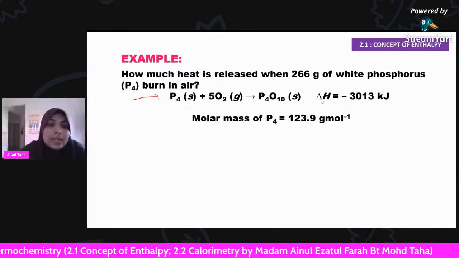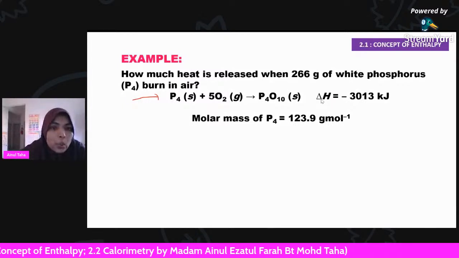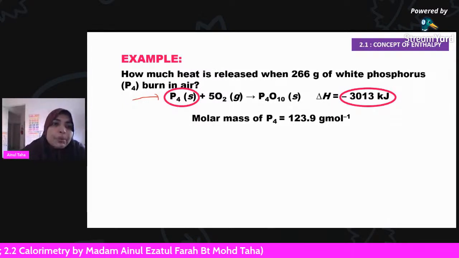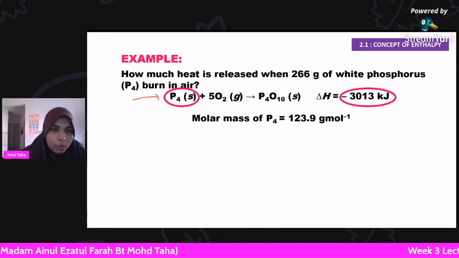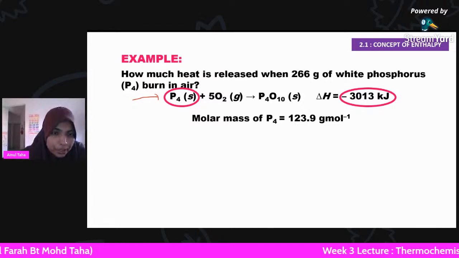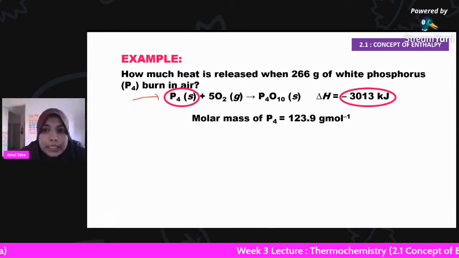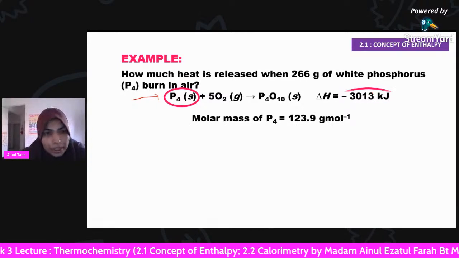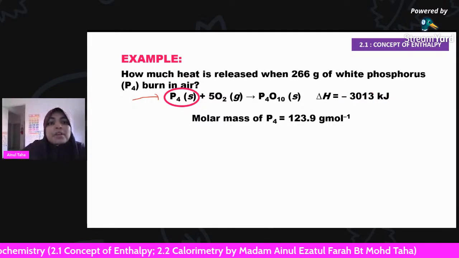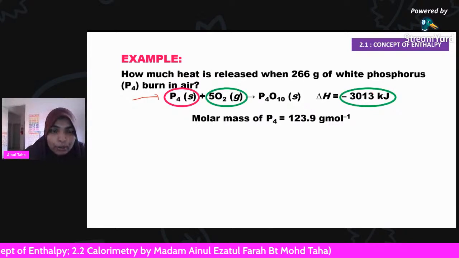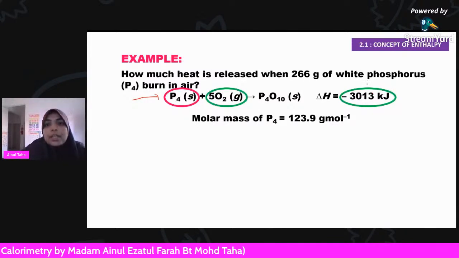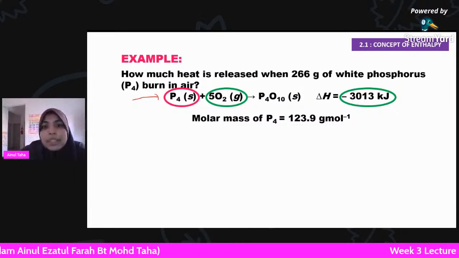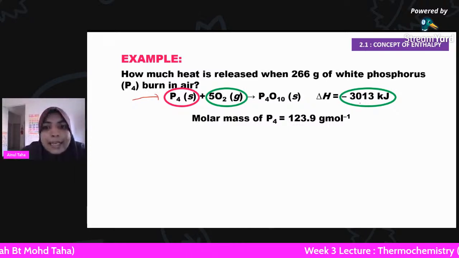Okay, let us see what it is. The first one: 1 mole of P4, or 1 mole of phosphorus, releases negative 3013 kilojoule of heat. And 5 mole of oxygen is also equivalent to negative 3013 kilojoule.